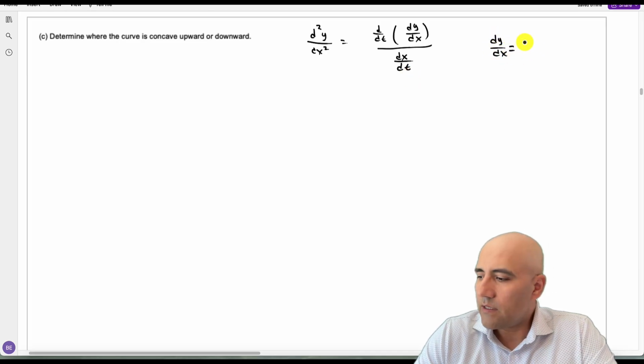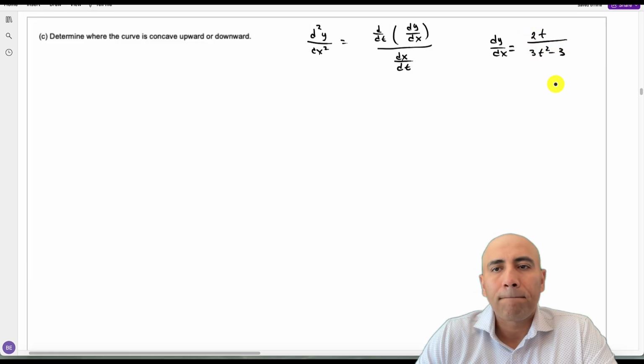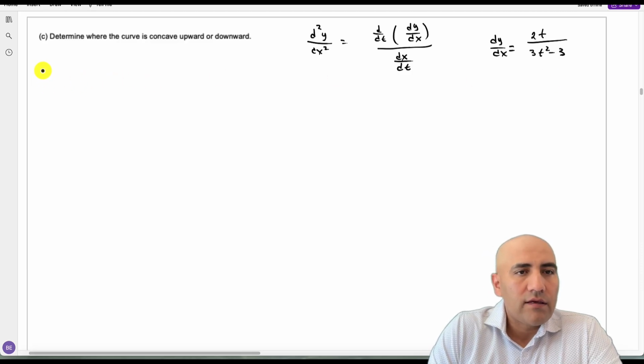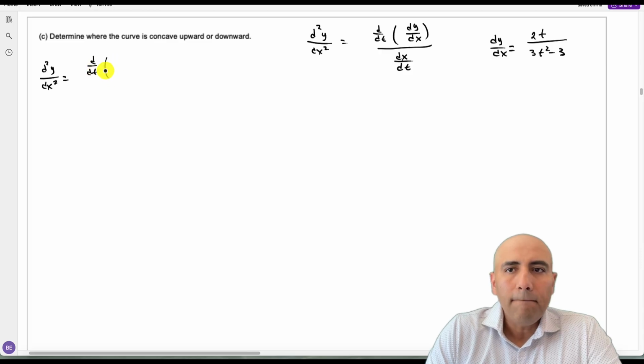We found this to be equal to 2t divided by 3t squared minus 3. Okay, so let's find the derivative. So that means that d squared y over dx squared is going to be equal to the derivative with respect to t of 2t divided by 3t squared minus 3, and then the whole thing gets divided by dx/dt, which is just going to be equal to 3t squared minus 3.